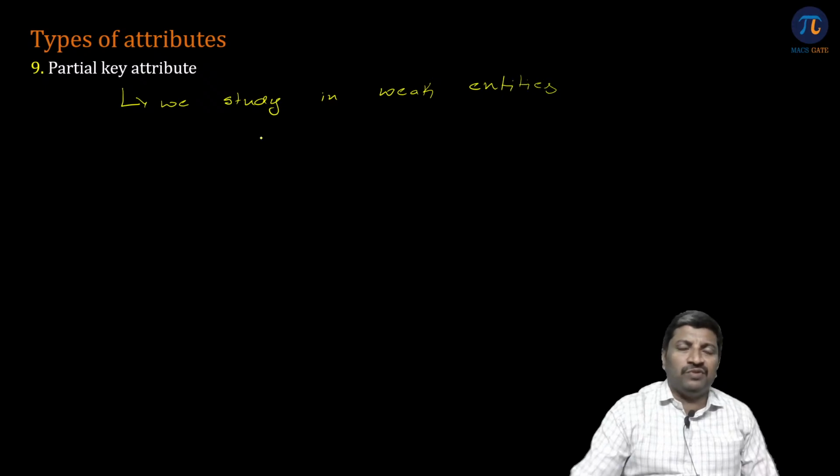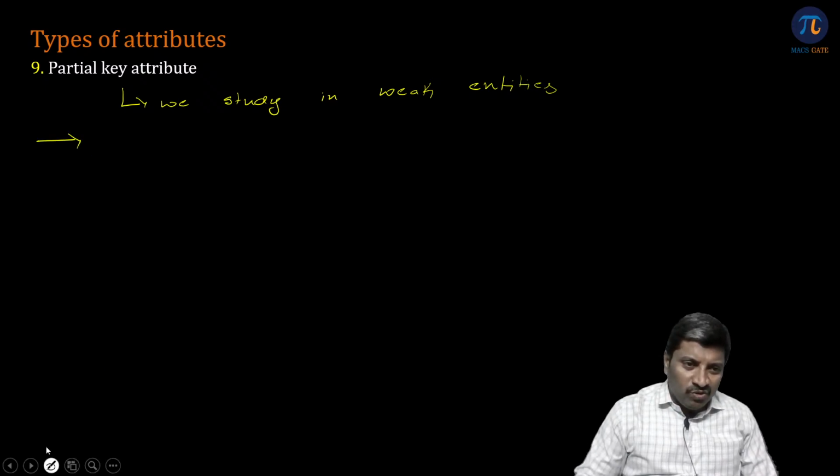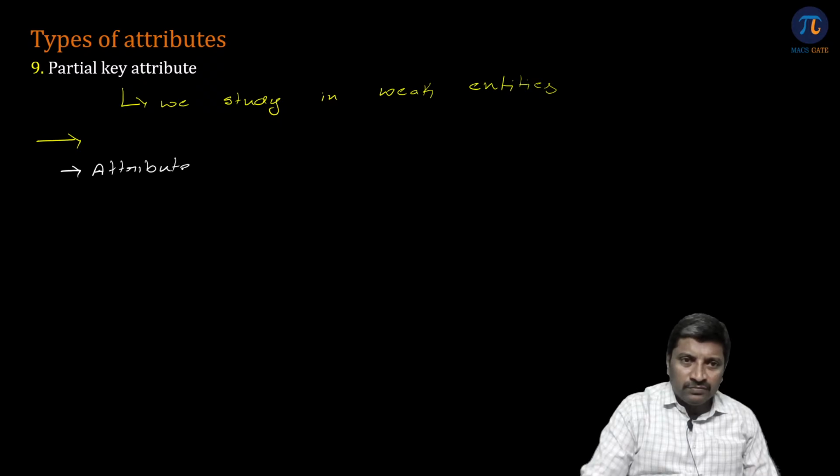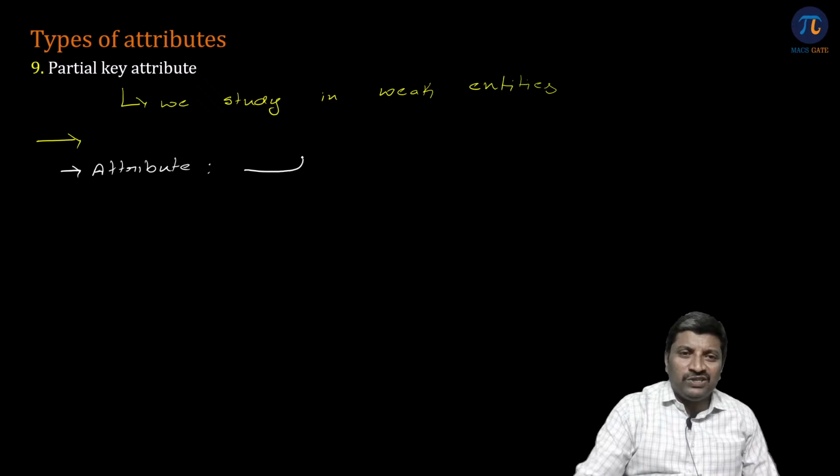So we will discuss it, sir. Before going to that, let me give the symbols. As we know, every attribute, how to represent the attribute, sir? Generally, an attribute is represented by an oval. Am I right, sir?